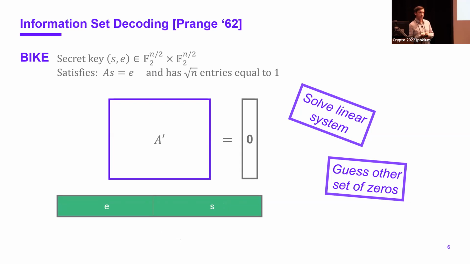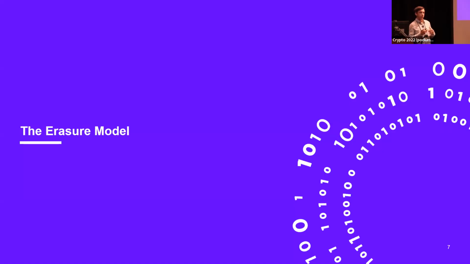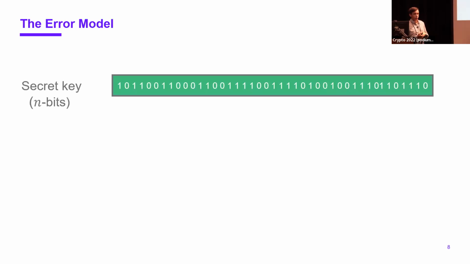So now let us get into the model definitions. We start with the erasure model, where in general we always model the secret key as n bits. It doesn't matter if it's a matrix, we can always write it as a chunk of bits and consider it n bits long.